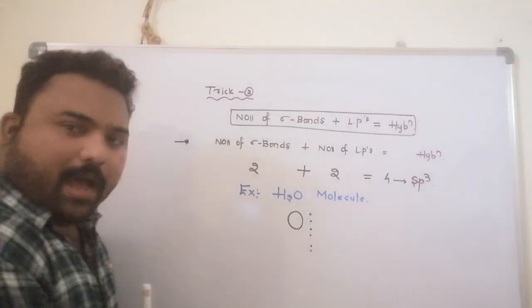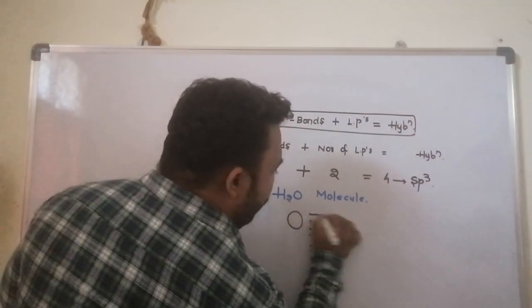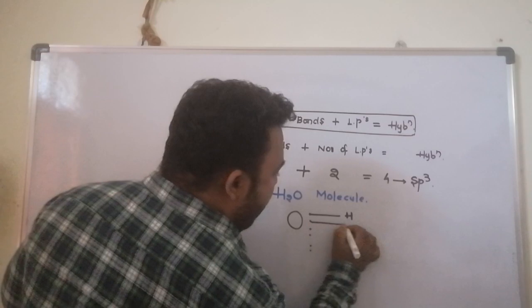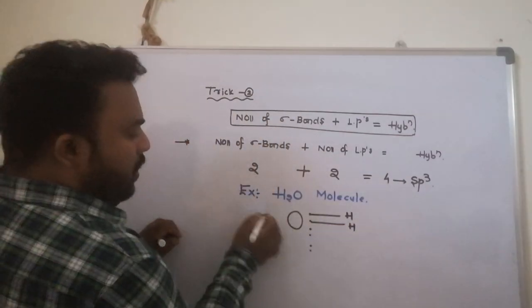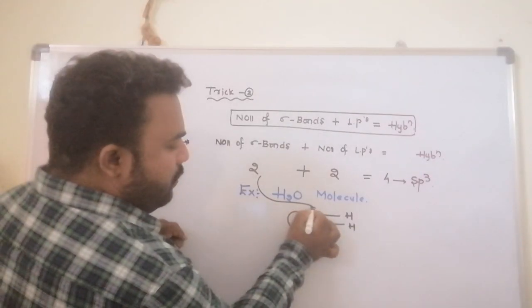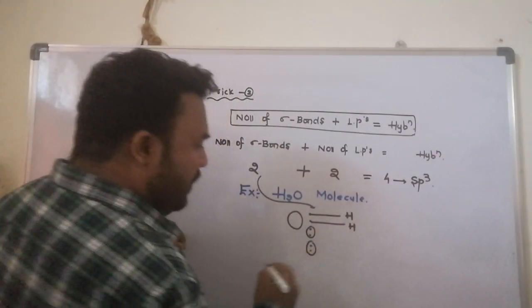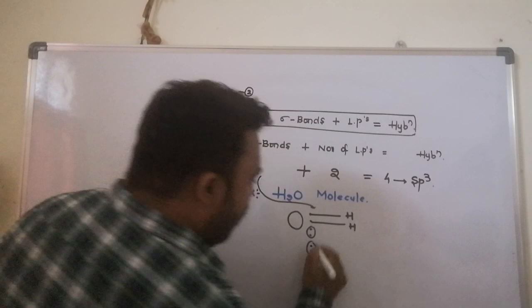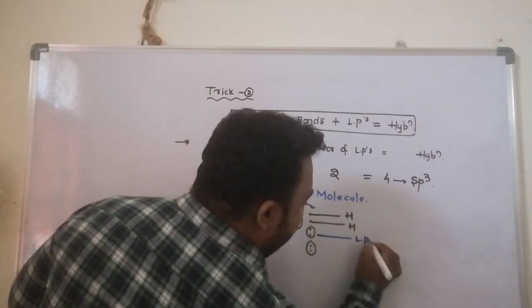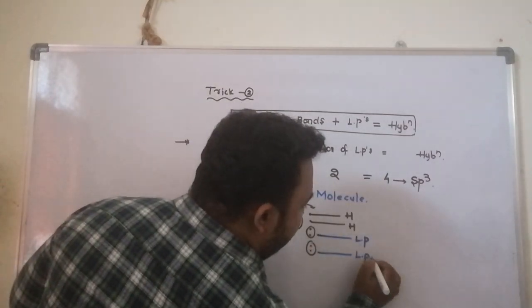Out of 6 valence electrons, 2 bond with 2 hydrogens. So how many sigma bonds? 2. And the remaining 2 are lone pair and lone pair.